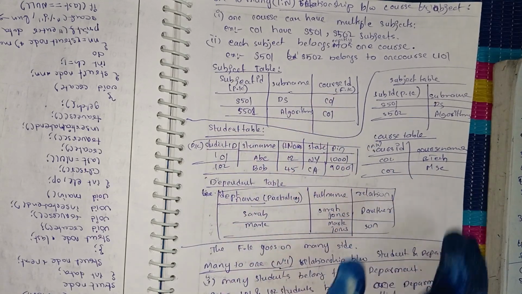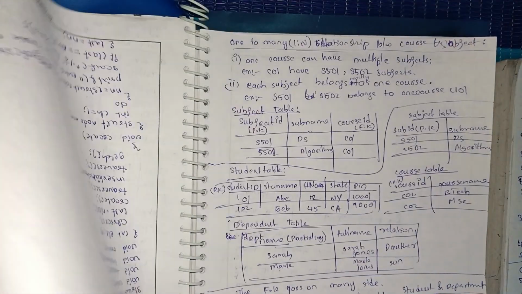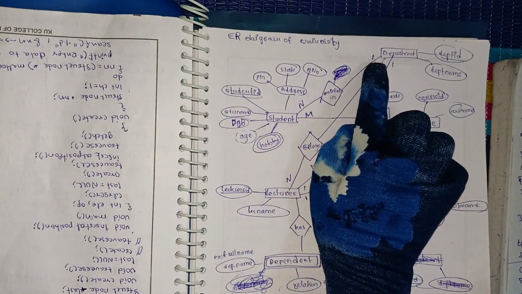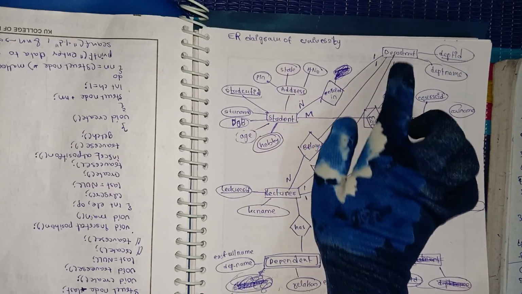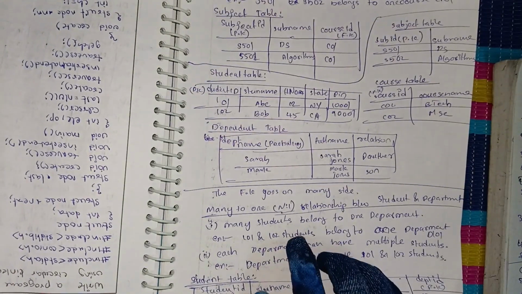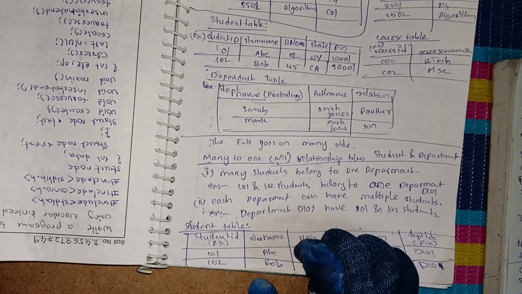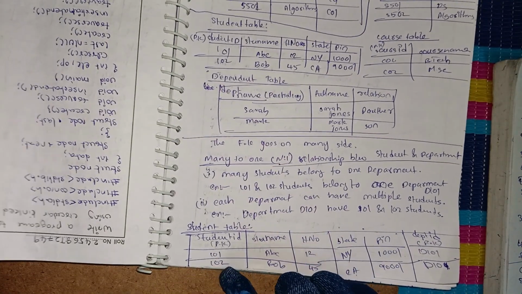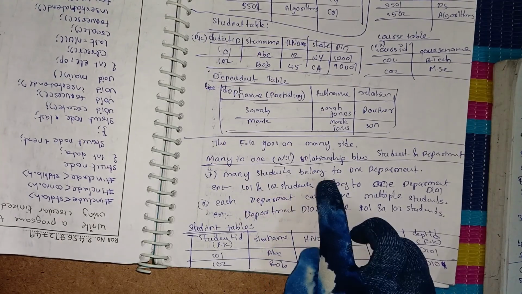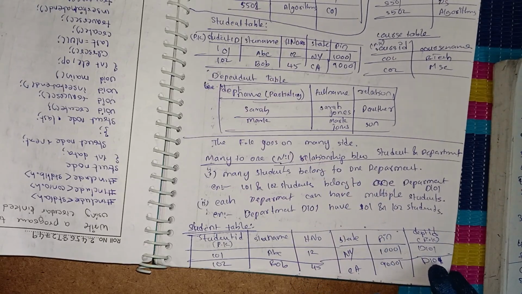And then we have a many-to-one relationship between student and department: student enrolls in department. Here many students belong to one department. For example, students 101 and 102 belong to one department, that is D101.